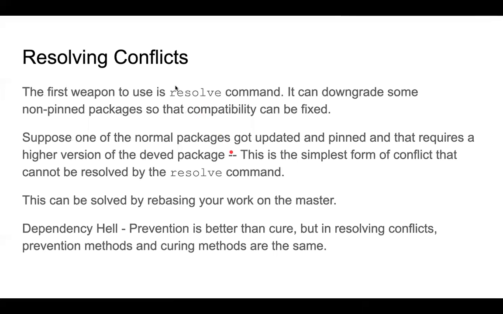Talking about some small case, suppose one of the normal packages got updated and pinned a version of a dev package, like with the equal-to specifier. It deliberately wants to use a particular single version of some package, but you have developed that package. So the Julia package manager won't update your developed package, and you have a simple conflict now.